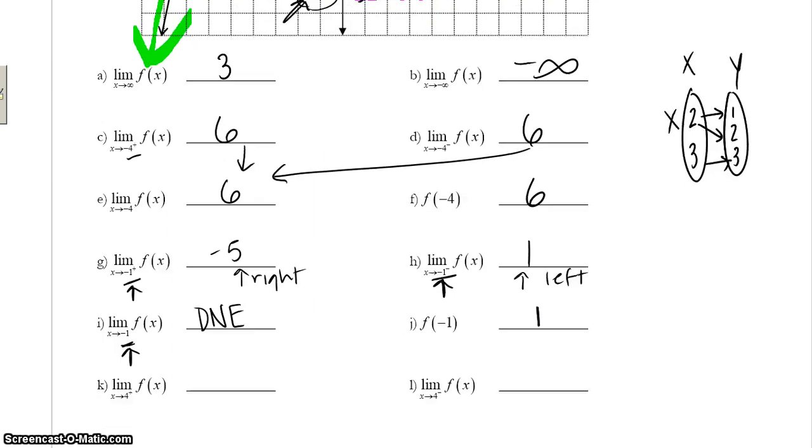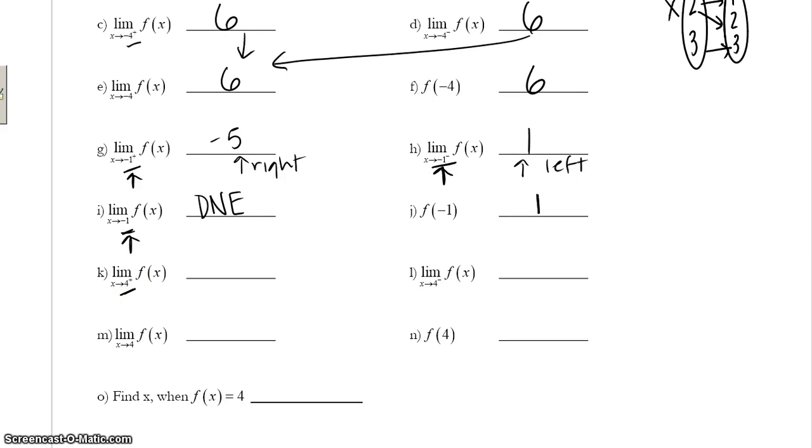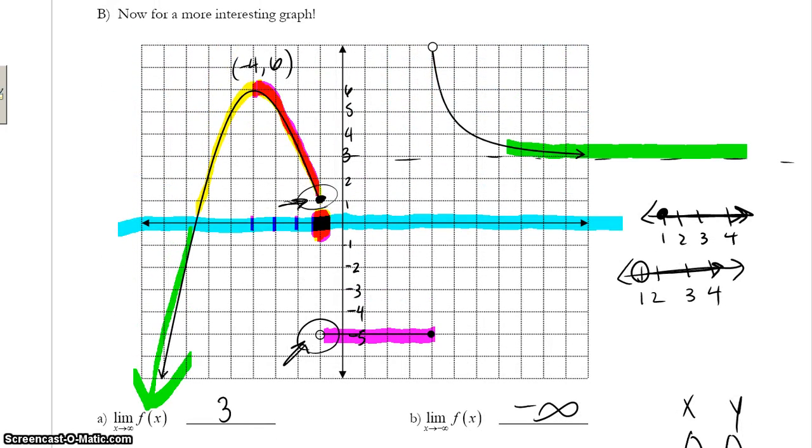So let's take a look at our next one. The limit as x approaches 4 from the right side, f of x approaches what? So let's look at where 4 is. So 4 is 1, 2, 3, 4 right here. So as x approaches 4 from the right side, f of x is equal to 7, 8.